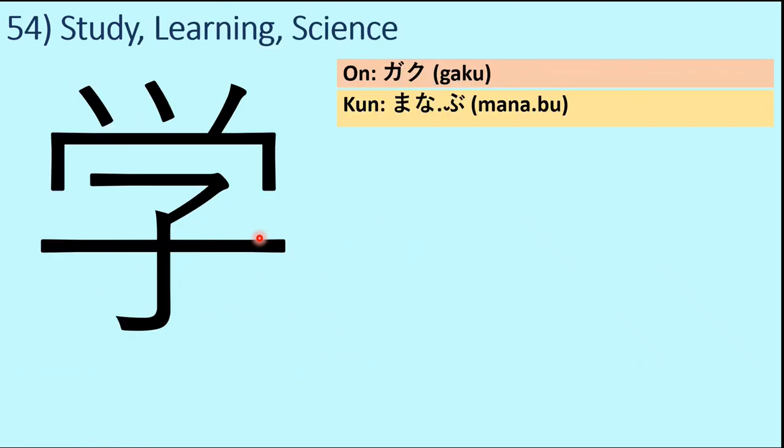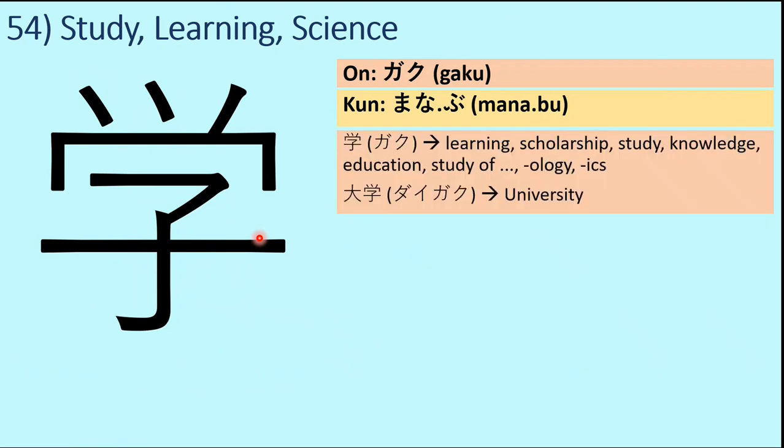Next, we have a character that is derived from the child radical, which is study, learning, or science of something. The on reading is gaku, and the kun reading is manabu. The meaning of gaku is learning, scholarship, study, knowledge, education, study of something, and words in English that generally end with ology, like biology, physiology, or with X, like physics, thermodynamics, and so on.